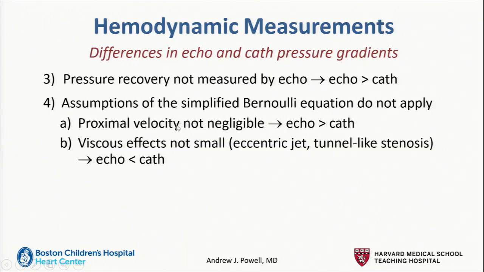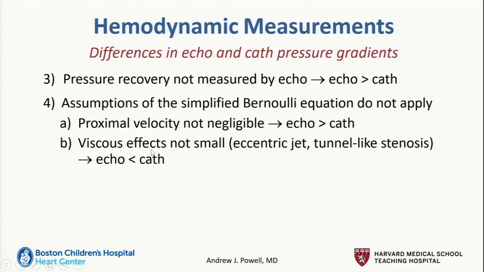For example, if the proximal velocity is not negligible, but you assume that it is, then you're going to overestimate the echo gradient, because you didn't subtract that second velocity component. So you just used V2, and you didn't take away V1, and so the velocity you're working with is bigger, and when you multiply it by 4, you're going to get an artifactually big number, and that's going to lead to a higher echo gradient than cath.